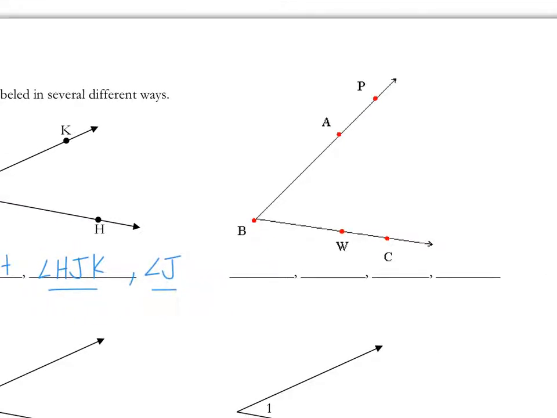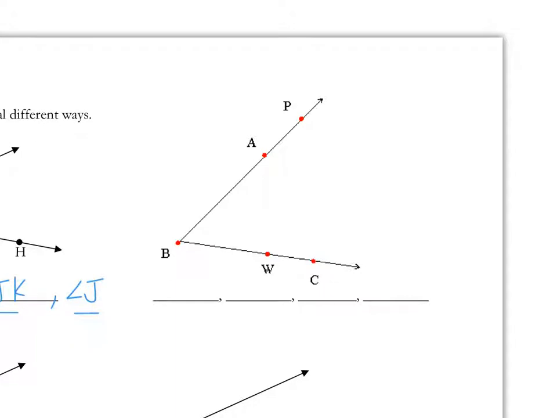So here there's a few different ways we could name this, because I could start at P. The thing to count though is that B has to be in the middle. You only do 3 letters and the vertex has to be in the middle. So PBA, ABC.